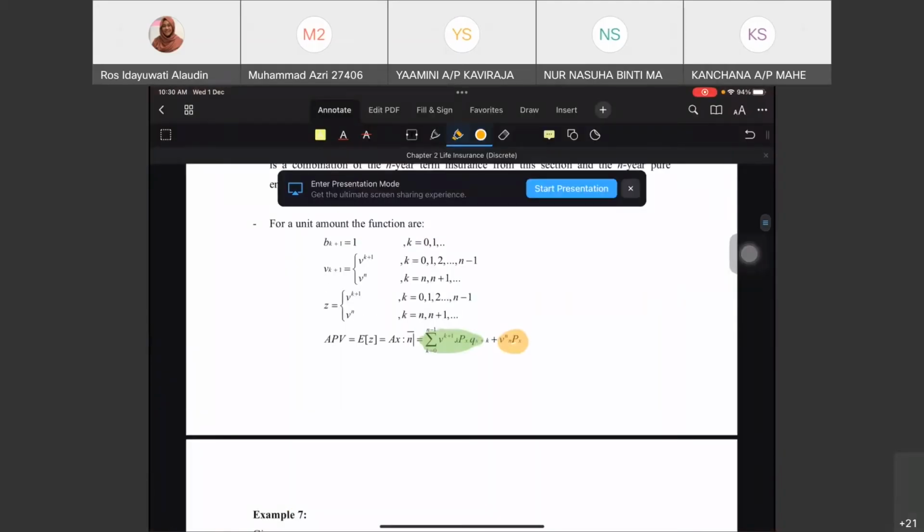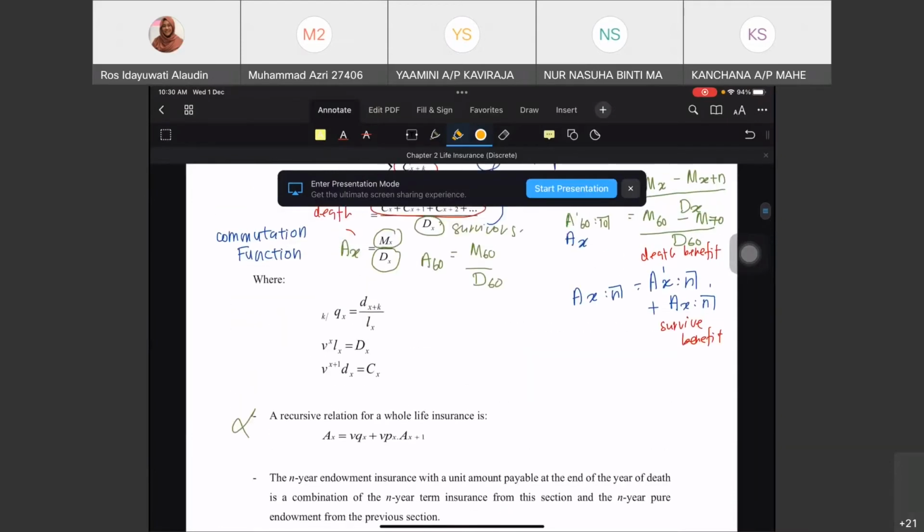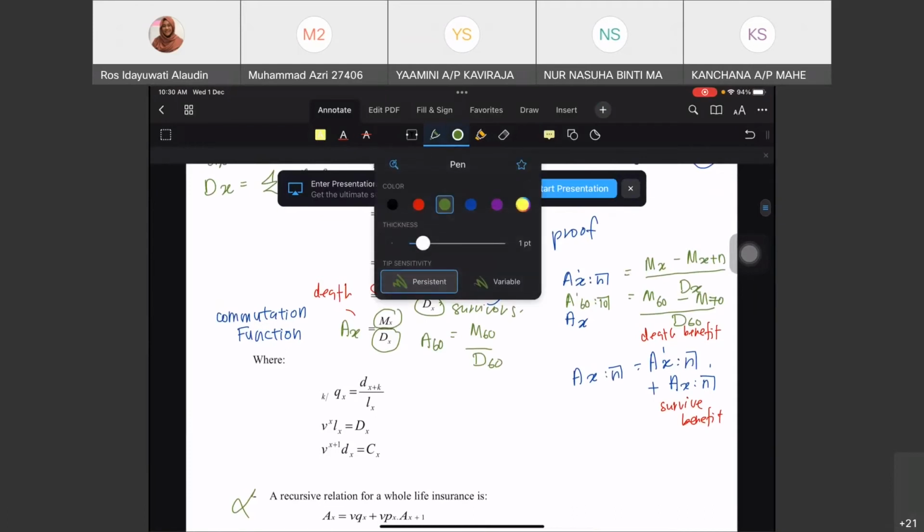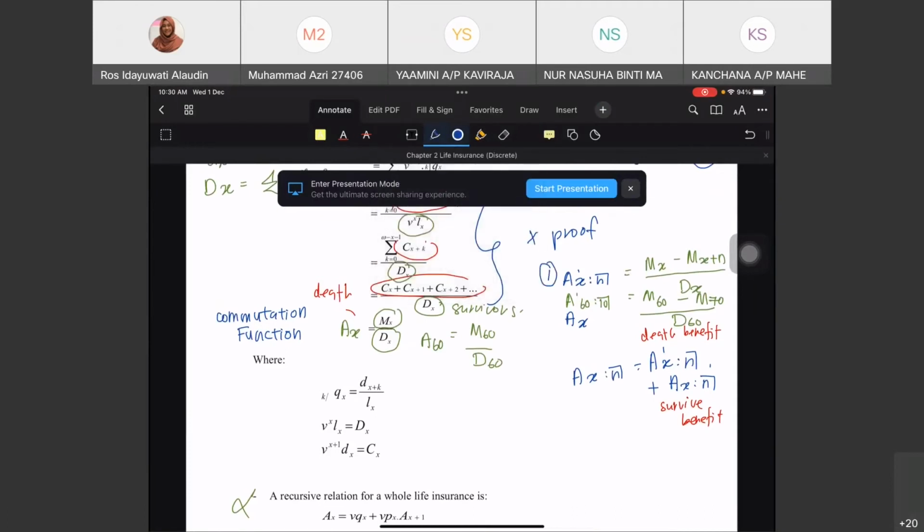Okay, so the third one is for term, endowment. This is for term. This is for whole life. And the third one is for endowment.